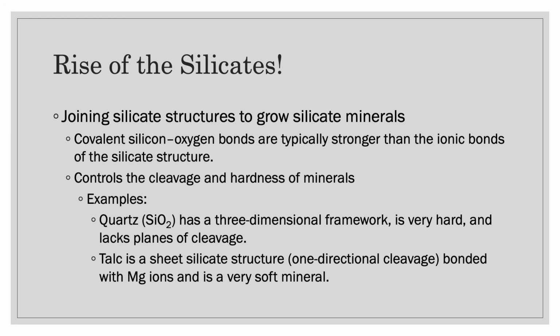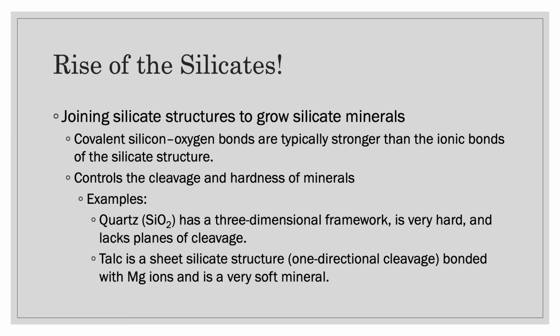For example, quartz has a three-dimensional framework as its silicate structure. And this three-dimensional framework makes it very hard, and it lacks any planes of cleavage or weakness because all of its bonds are covalent bonds.